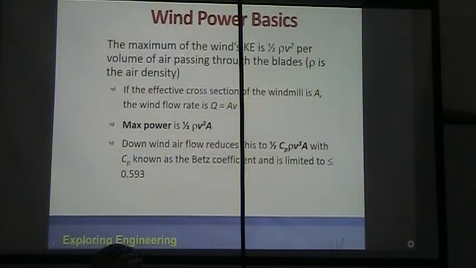CP is the Betz coefficient, and it is less than or equal to 0.593. So the power actually comes out to be P equals 1/2 CP times rho times V cubed times A.